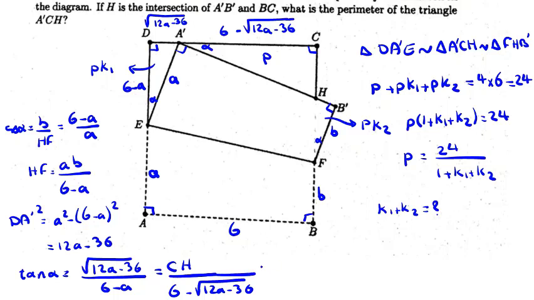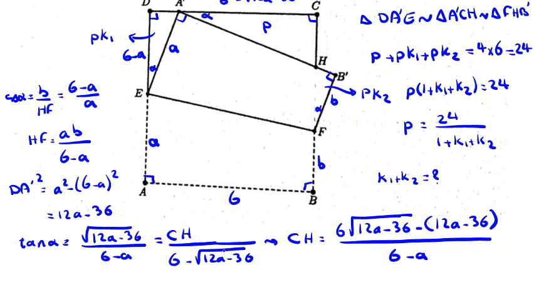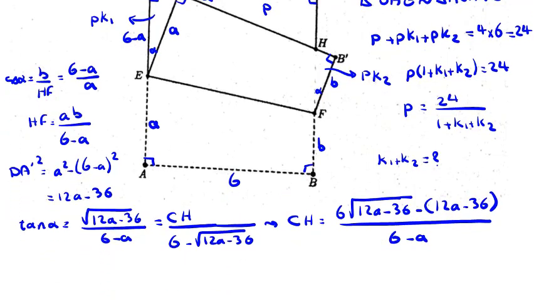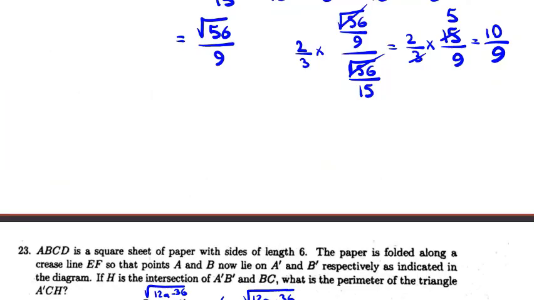So we can conclude that CH, if we cross multiply, is 6 times the root of 12a minus 36 minus this times this, which is minus (12a minus 36), all over 6 minus a. So CH is this, we found all these things. So CH, that is this, let me copy. CH is this plus HF, and we found HF is ab over 6 minus a.